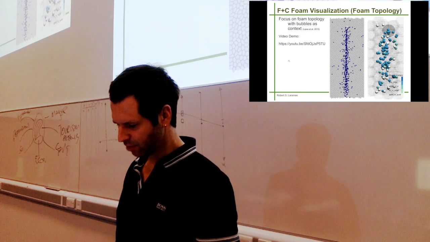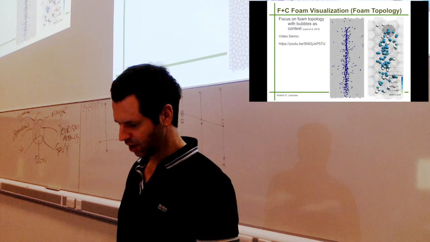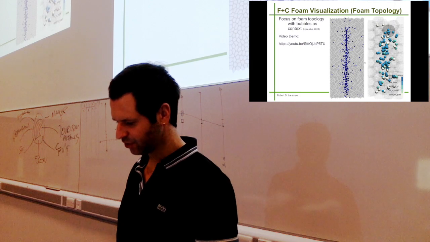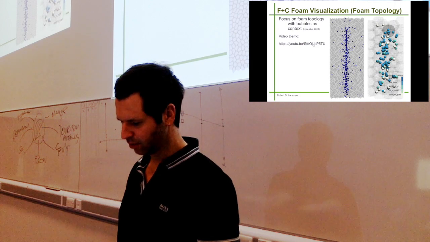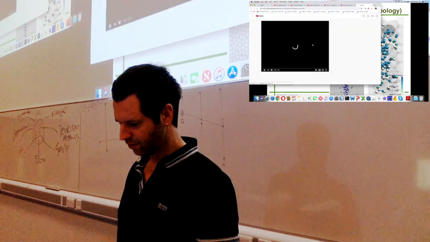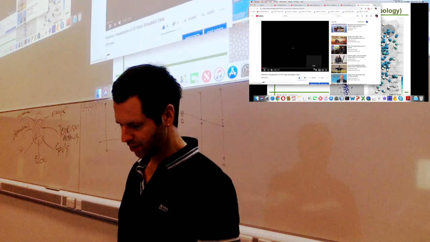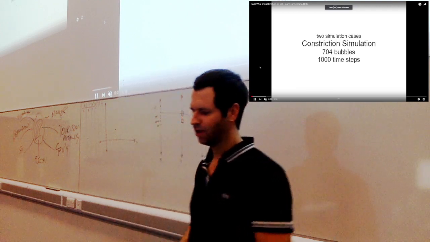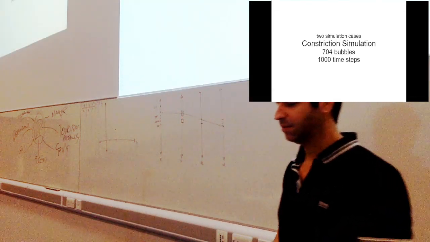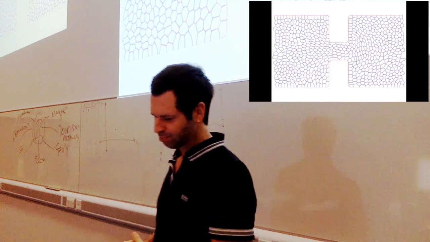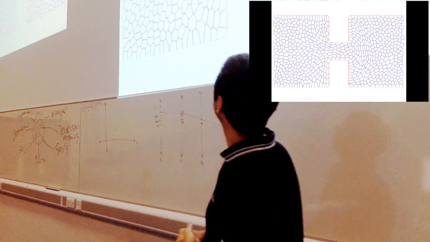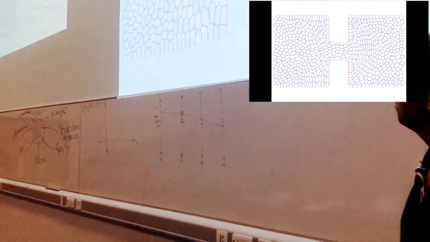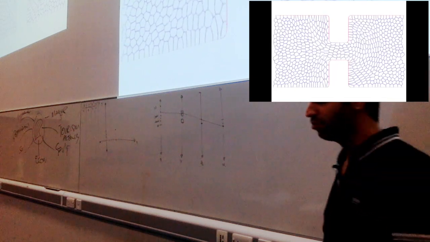Here's another example of focus and context. Here we have focus bubbles and context bubbles. The focus bubbles are rendered at a high opacity, while the context bubbles are rendered at low opacity. This is trying to visualize the behavior of bubbles or foam using a very naive approach.